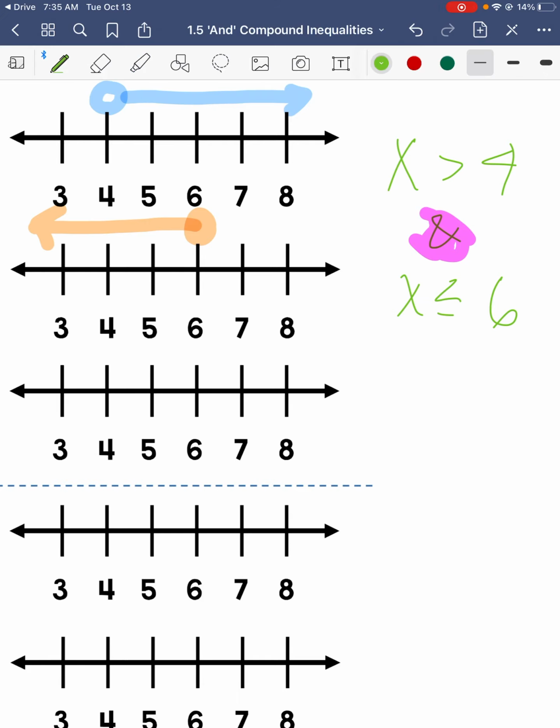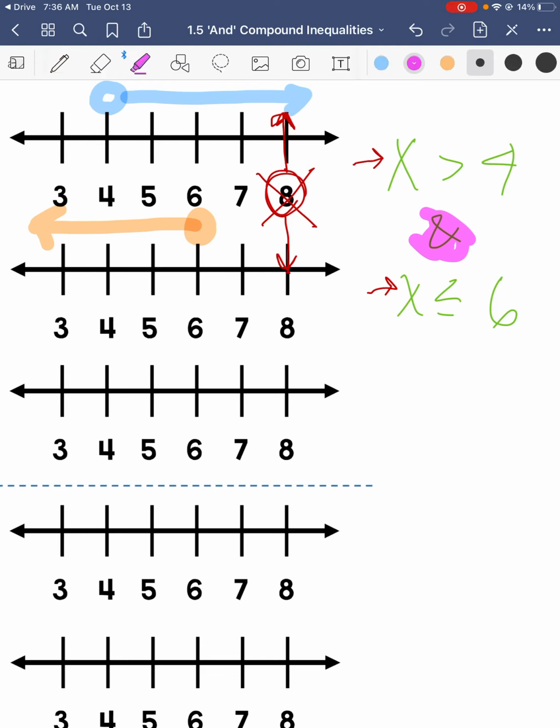So if we were to look at, say, let's pick a number, 8. We want to ask ourselves, is 8 included in both this one and this one? Looking at the first one, yes, 8 is included in x greater than 4, but in the second one, it's not included. So 8 is not going to be part of our final set.